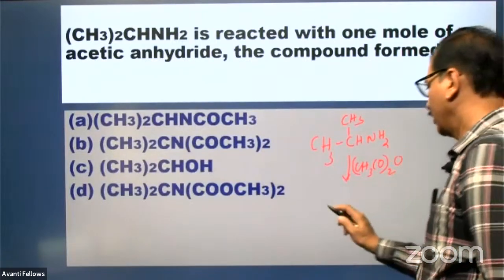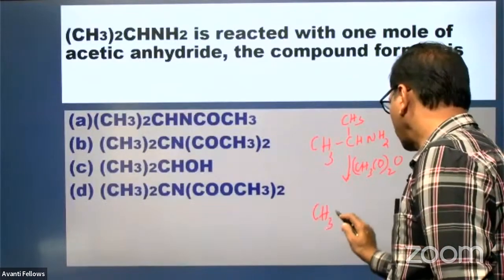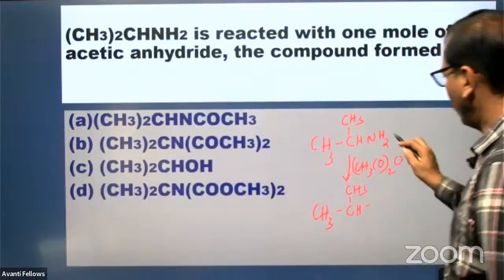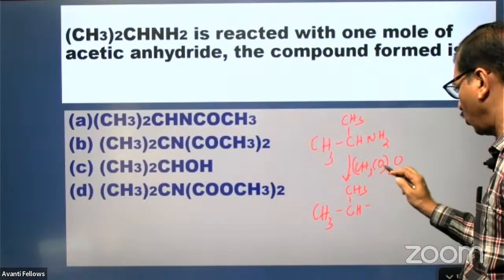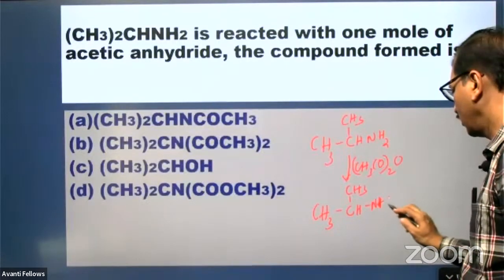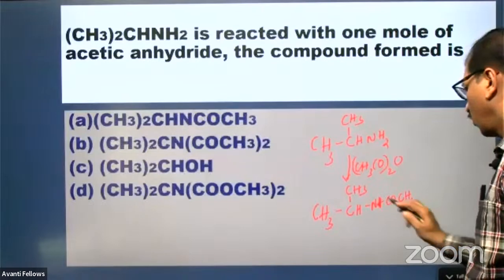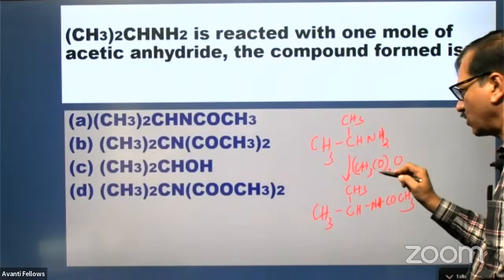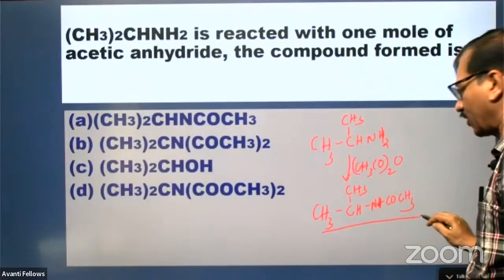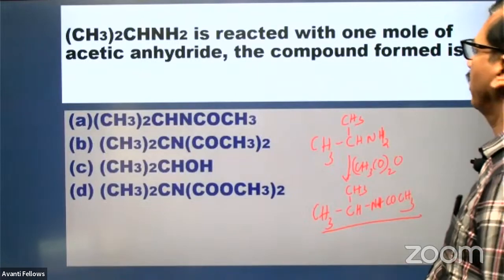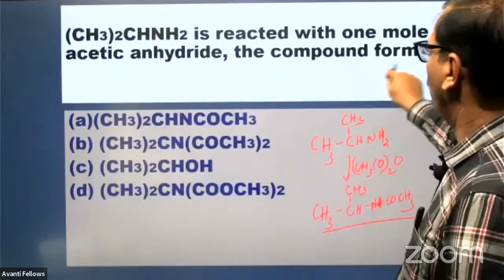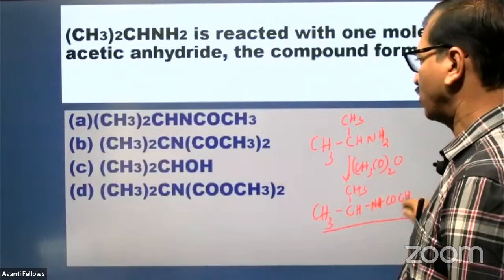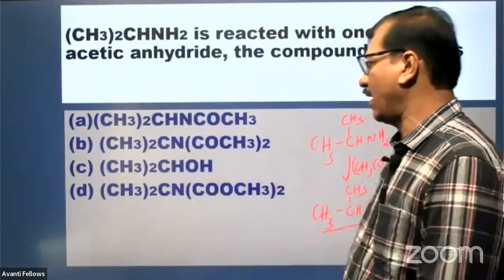Acetylation takes place. The alkyl group will remain as it is, and NHCOCH3 forms. This is called acetylation. Another product is CH3COOH, since one of the hydrogens is removed. So the compound formed is (CH3)2CHNHCOCH3. NHCOCH3 is the answer A.